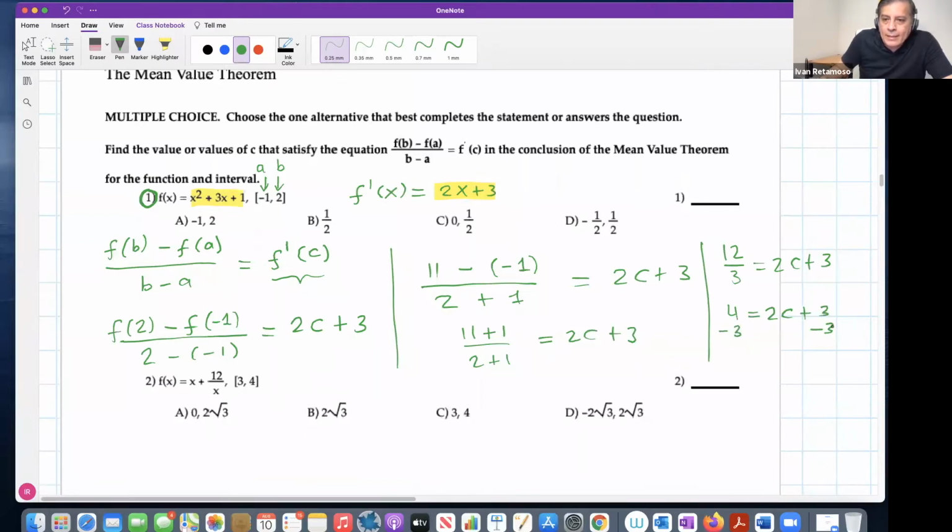Subtracting 3 on each side, you get 2c equals 1, and dividing by 2 on both sides, you get c equals 1/2. Now, before you choose your answer, you must verify that 1/2 is indeed inside the interval -1 to 2. Clearly 1/2 is somewhere inside, so yes, you check, and then you take this as your answer.